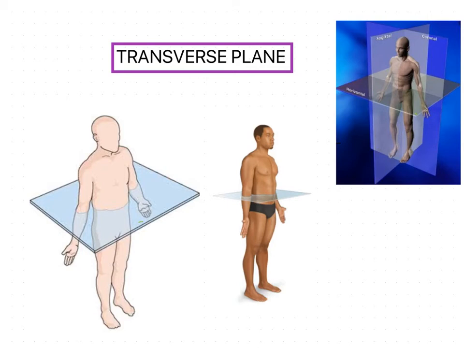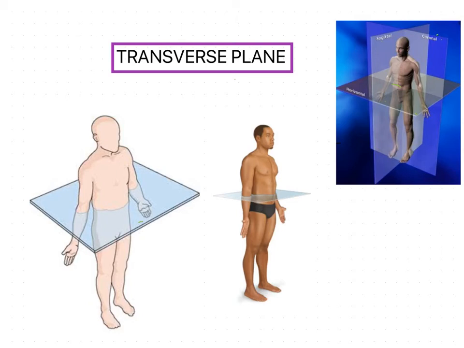The sagittal and coronal planes are called vertical planes. So these two vertical planes, sagittal and coronal, are at right angles to this horizontal plane.